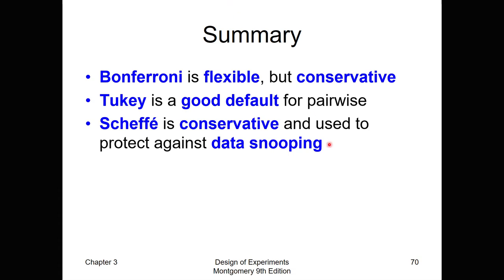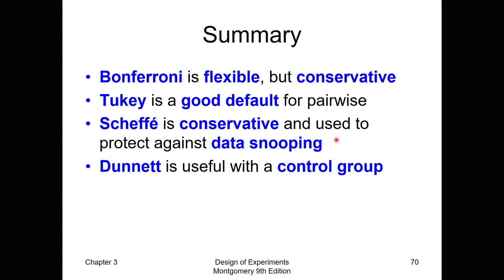That is, if we're trying to come up with, say, mean 1 plus mean 2 minus 1/2 of mean 3, and is that different than mean 4 and 5? If we're doing some kind of weird contrast stuff, then Scheffé's is really a great method because it protects against accidentally finding statistical significance when you really shouldn't have. And then Dunnett's is used with a control group.